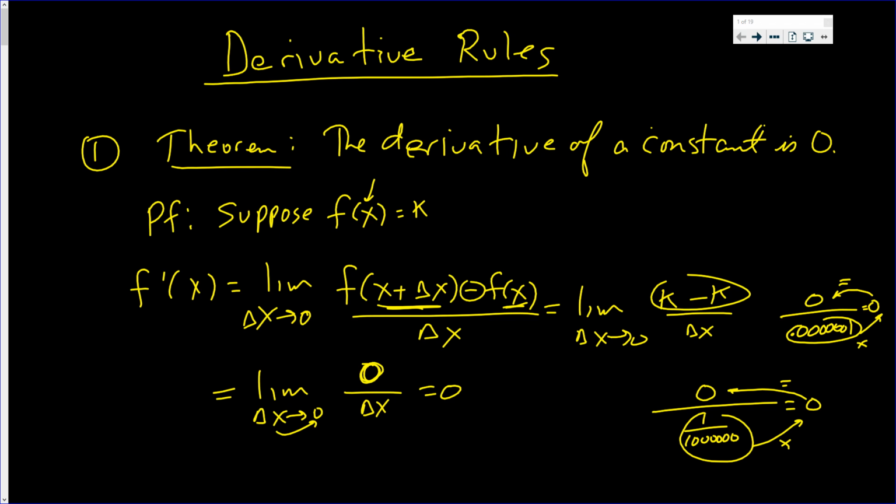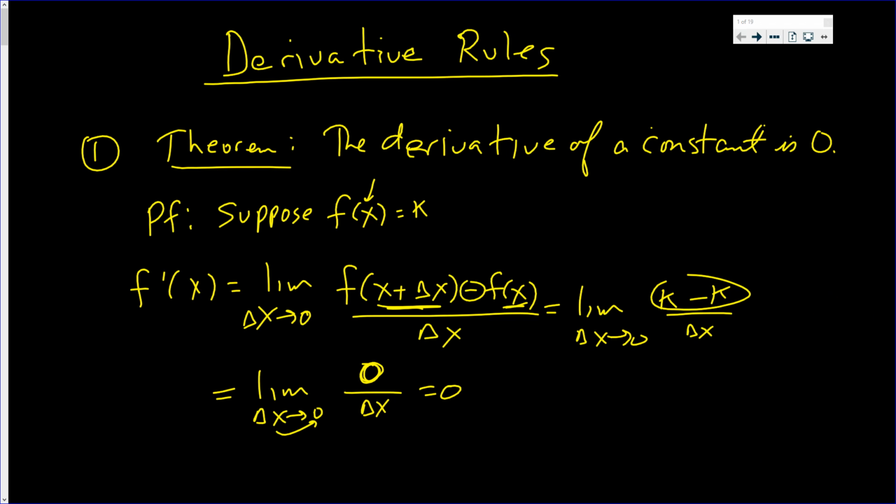That's the definition that I use for a fraction that equals 0: the top is 0, the bottom is not. So this is saying that if f of x was equal to 11, the derivative is 0. f of x equals 14, the derivative is 0. f of x equals 71, or 74, the derivative is 0.